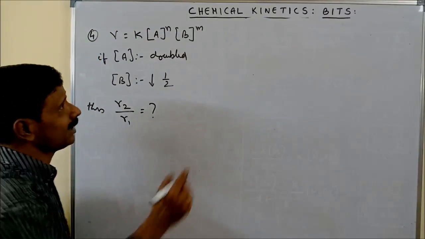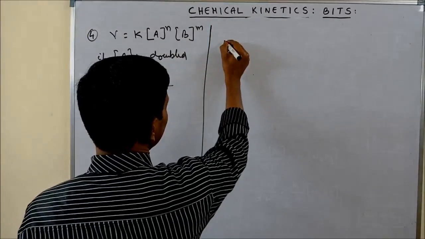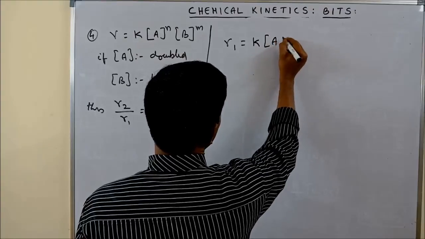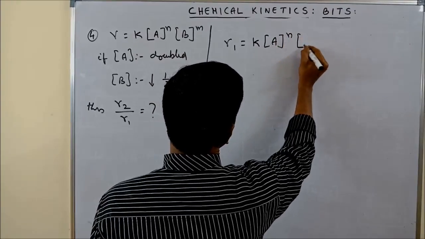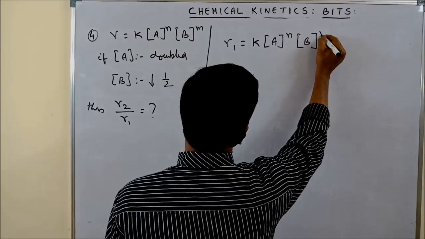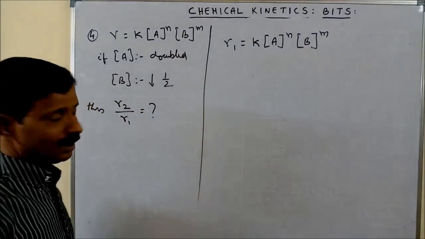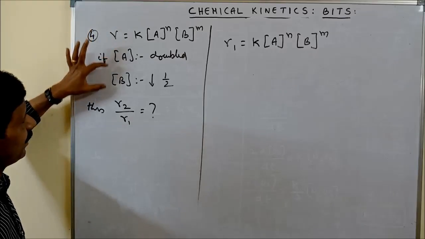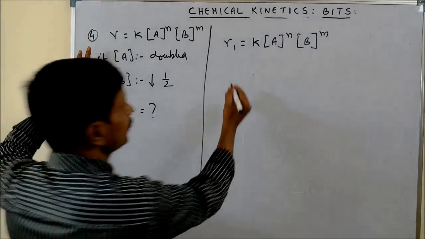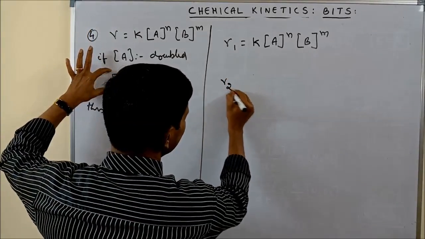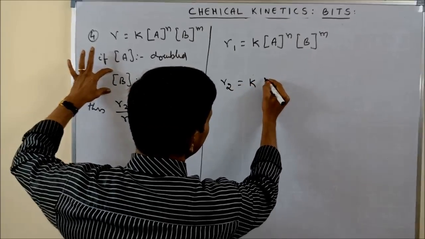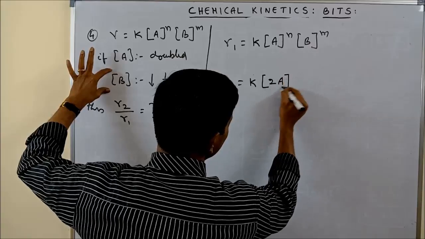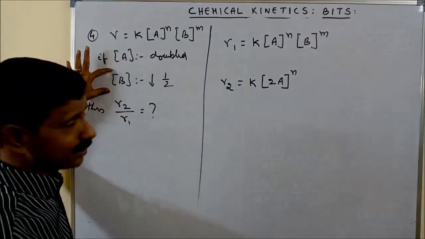So before changing concentration, imagine R1, that is nothing but K into A power N into B power M. This is R1. Now what they did, concentration of A was doubled and the concentration of B was reduced to half. So in case of R2, it is K into 2 into A power N, since concentration was doubled.